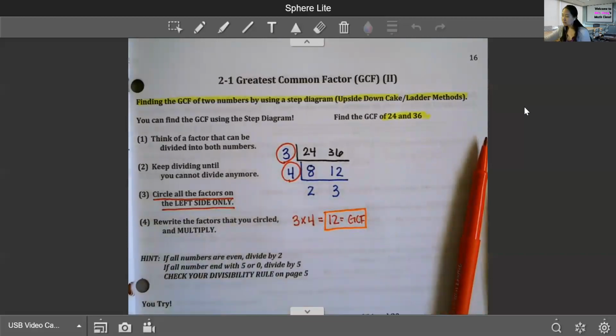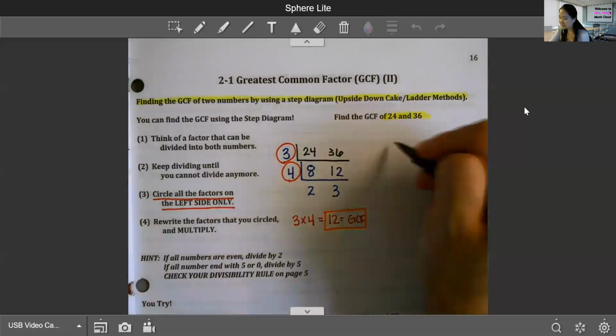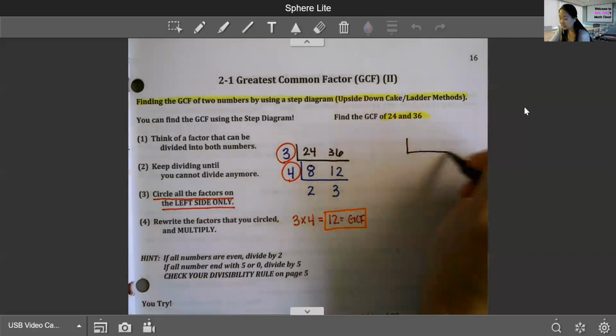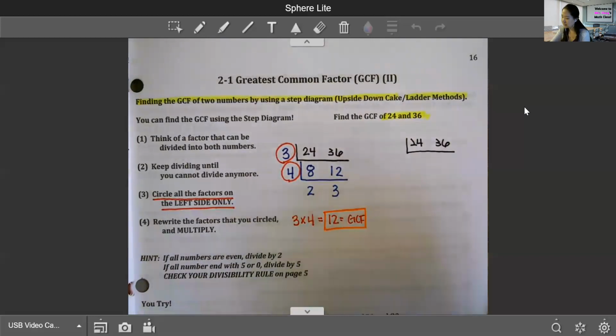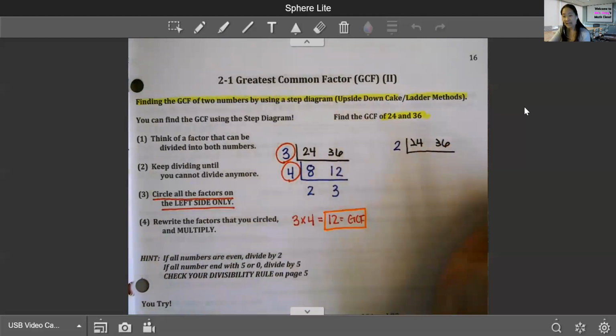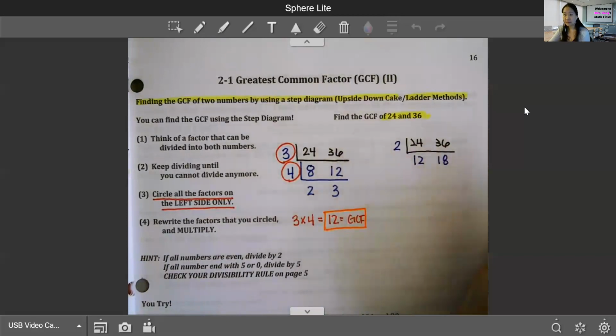Okay, but then every year I get students asking questions, but do you have to divide by 3 and then 4? So let me show you what happens if you divide by other common factors in other order. Let's say this time I divide by 2. I get 12 and 18. Stop or continue?